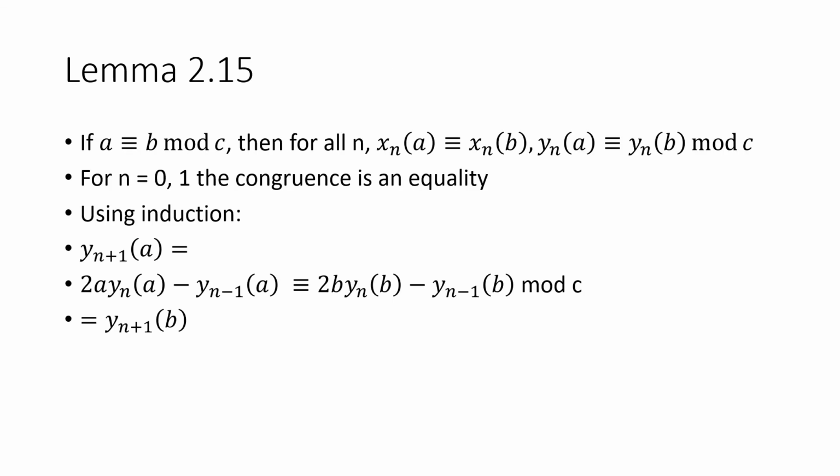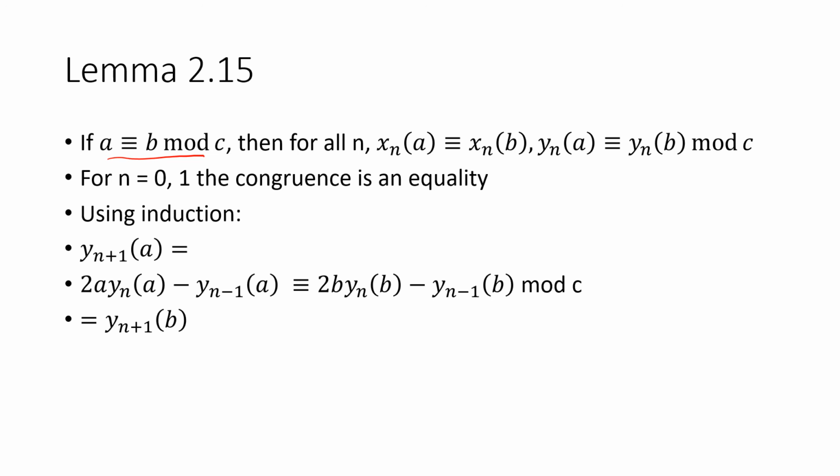Lemma 2.15 is relatively similar to 2.14 in the sense that they're both using induction to prove that the left part and right part mod c are the same result. For 2.15, we have a and b being the same mod c. And we're going to show that for x n and y n, this equation also holds true. So for n equals 0 and 1, we know this congruence is true.